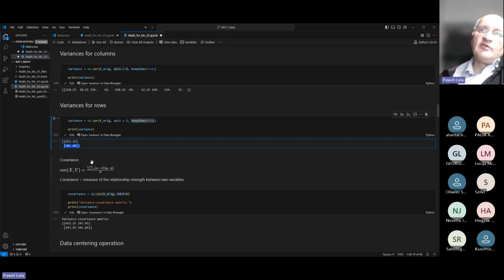They are positive when the increase of the first variable corresponds to the increase of the second variable, or the decrease of the first corresponds to the decrease of the second. Then the product of these two elements is equal to a positive value. So changes are in the same direction. The first value is bigger and the second value also is bigger.